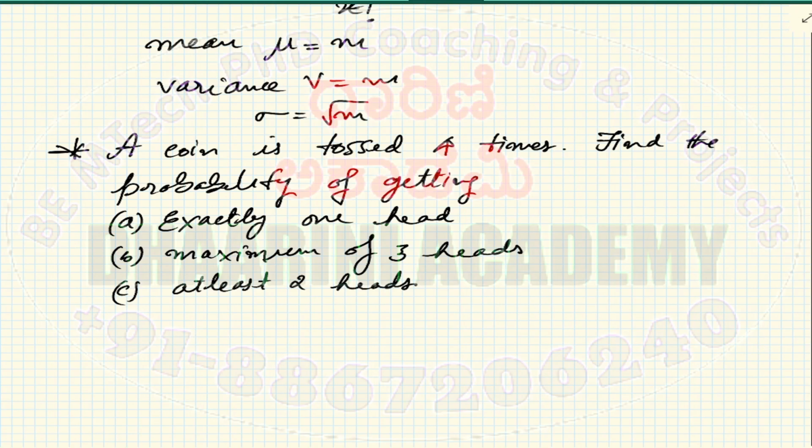For a coin, it's a very standard thing. Whenever the probabilities are not given, you assume them to be equal. So we'll write, if obtaining a head is p equal to 1 by 2, then q becomes 1 minus p, that is also 1 by 2.